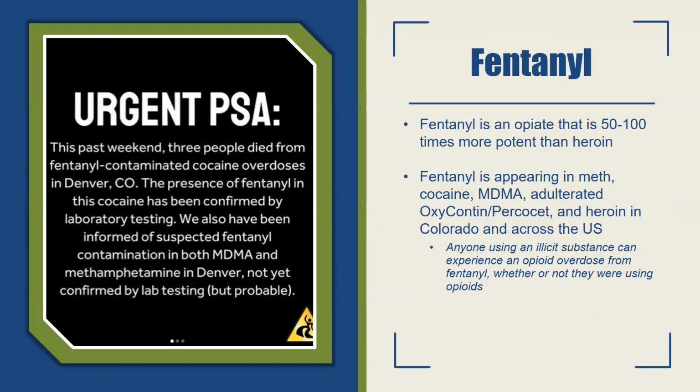For folks who may not know, fentanyl is an opiate that's 50 to 100 times more potent than heroin, and it's appearing pretty much all across the illicit drug supply. So it's in meth, cocaine, Molly, street Oxycontin, and heroin for sure, across Colorado and the United States. Because it is so powerful at such a small dose, folks using cocaine are dying from an opioid overdose because a tiny bit of fentanyl made it into their supply through cross-contamination.